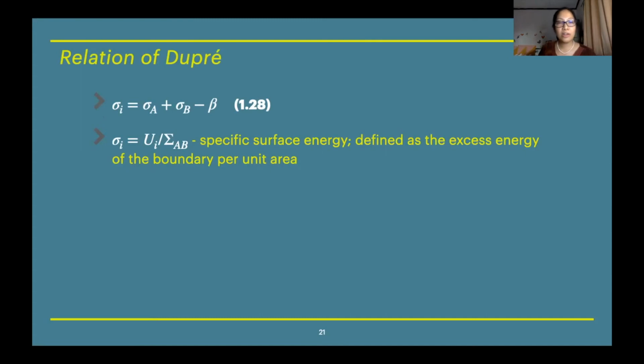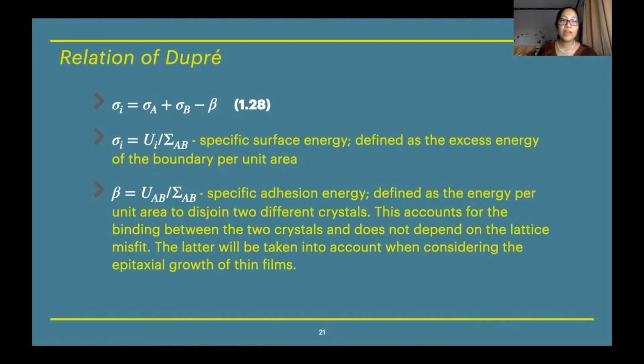So the term on the left side, sigma sub I, is equal to U sub I divided by the area of the interfacial boundary. This is the specific surface energy. It is defined as the excess energy of the boundary per unit area. And the parameter beta on the right side of the equation is equal to energy U sub AB divided by the area of the interfacial boundary. This is the specific adhesion energy.